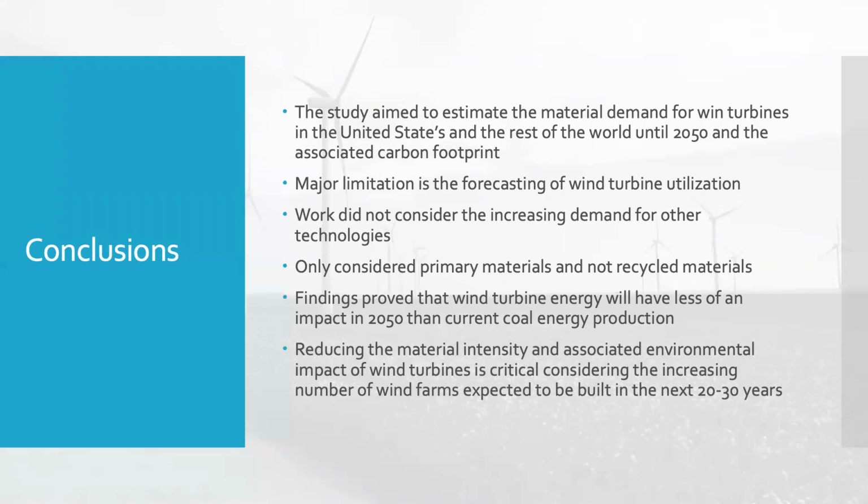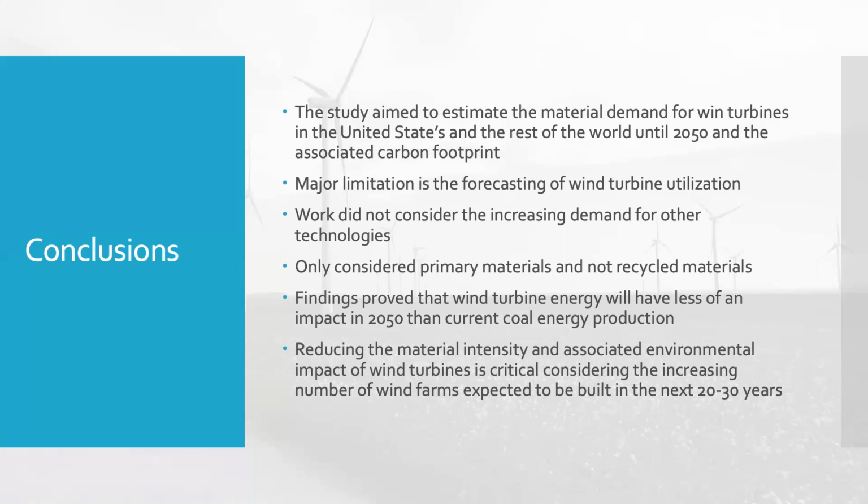As you could see in the last slide, there were vast differences between the three forecasts used for these projections. And so they could be either too conservative or not conservative enough. And then also this work did not consider the increasing demand for other technologies, such as solar energy, electric vehicles, and energy storage that could affect some of these projections.